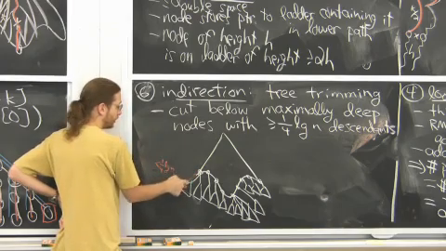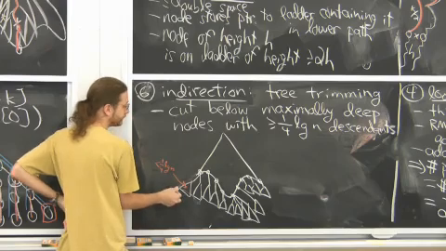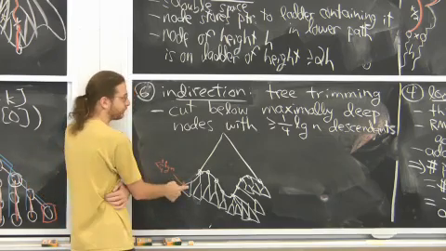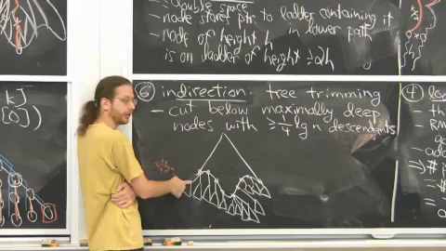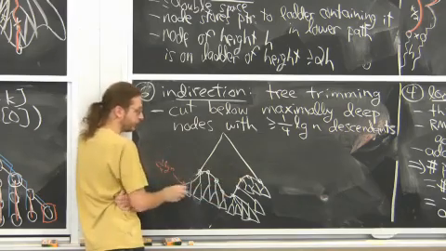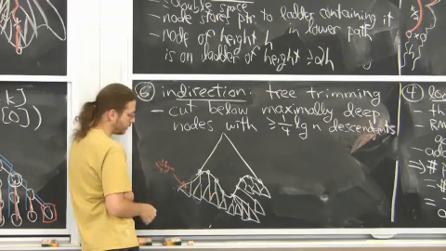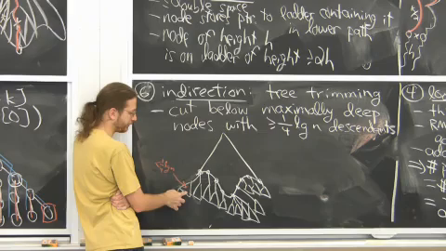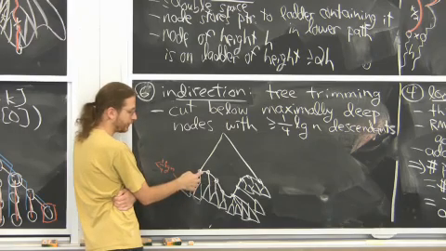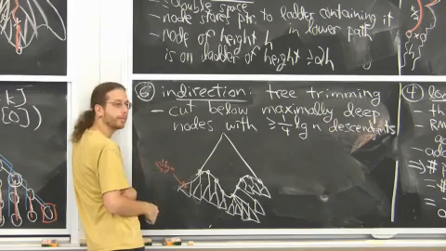Okay, so if this head size is greater than or equal to quarter log n, then that would have been the node where I cut, not this one. So I'm circling the nodes that I cut below, so meaning I cut these edges. Okay, so these things have size less than a quarter log n, but these nodes have at least a quarter log n nodes below them.